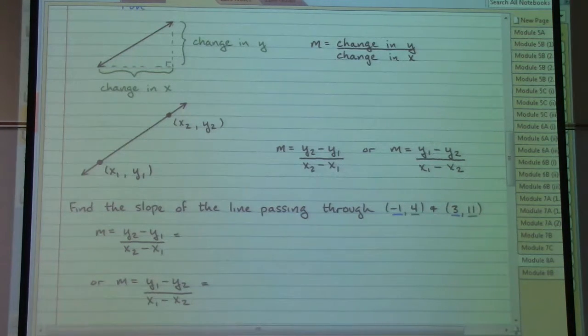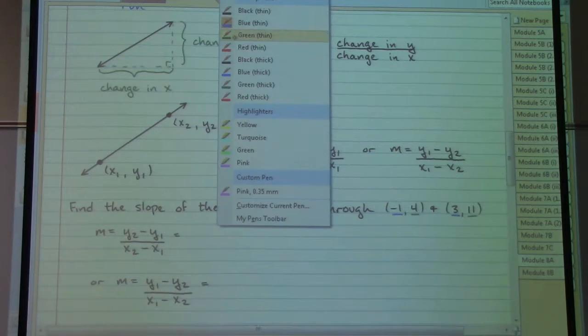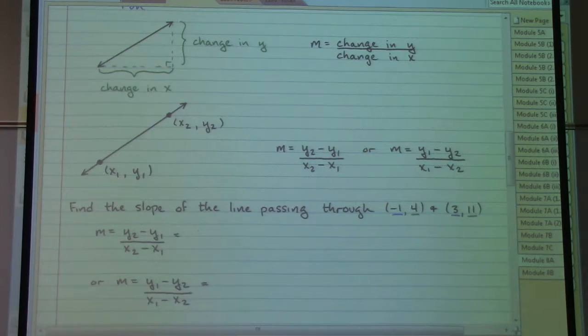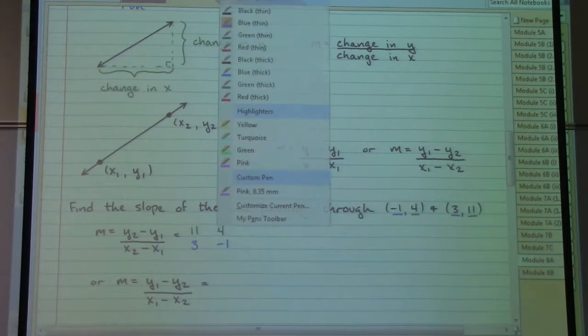So the y, use my green, the y from the second point as it is appearing in the problem is the 11, and the y from the first point is a 4. The x from the second point is the 3, and the x from the first point is a -1.